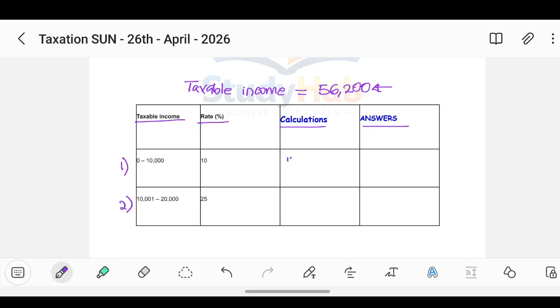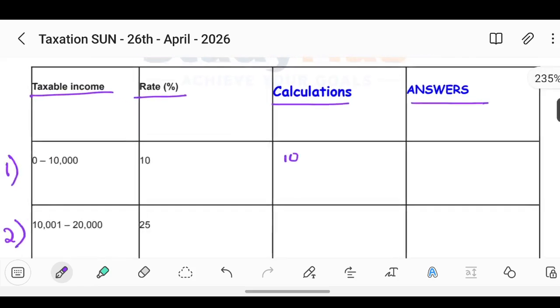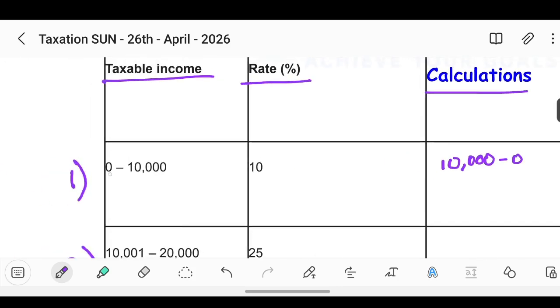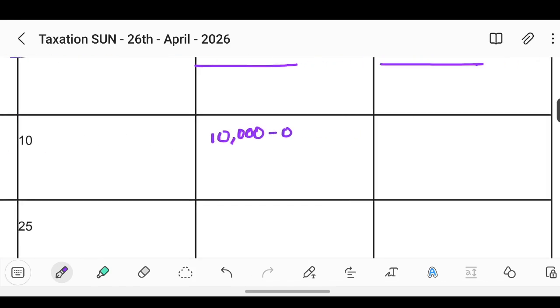We are going to say 10,000 minus 0, close brackets, times the rate, 10 out of 100. And what do you get? You will get 1,000 there.